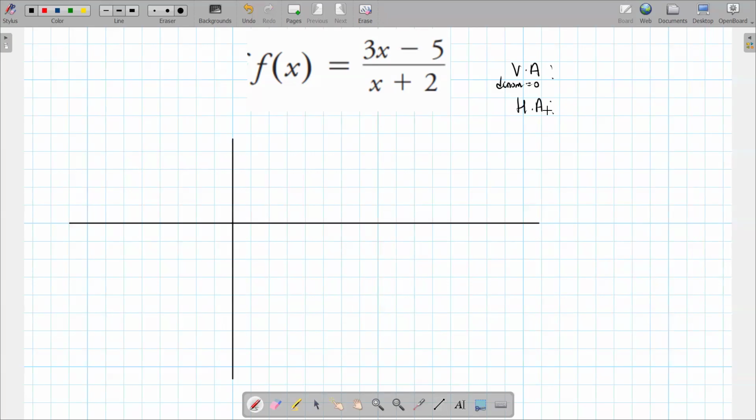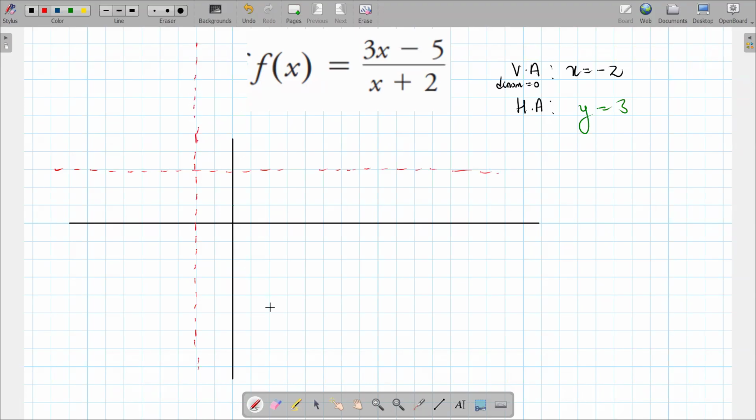So at x equals -2, we're going to have a vertical asymptote. Where's the horizontal asymptote? At y equals 3. So 1, 2, 3, we have these. So that's step number 1.